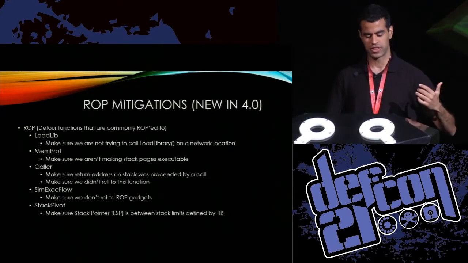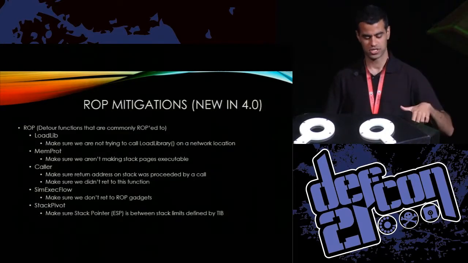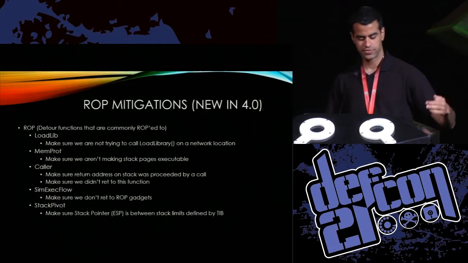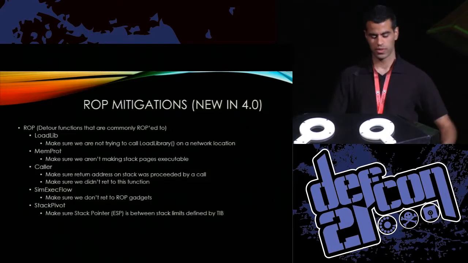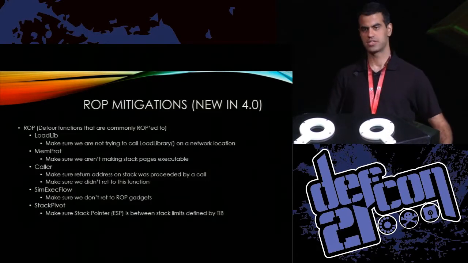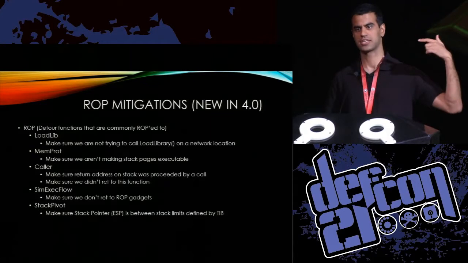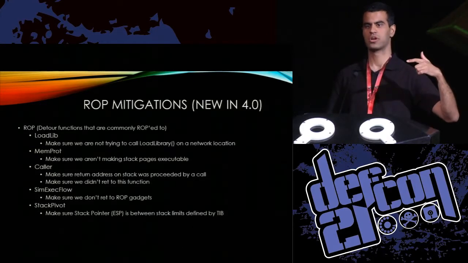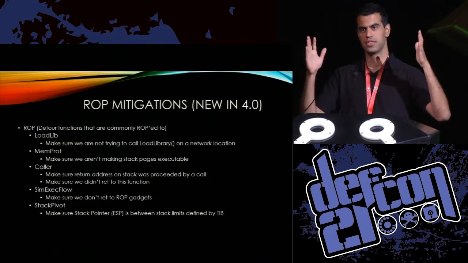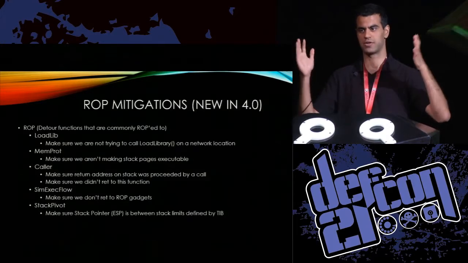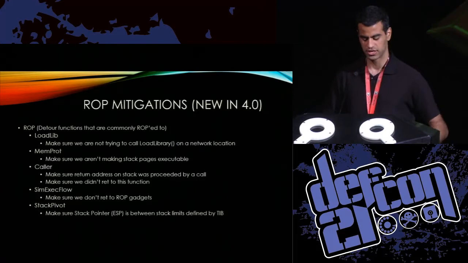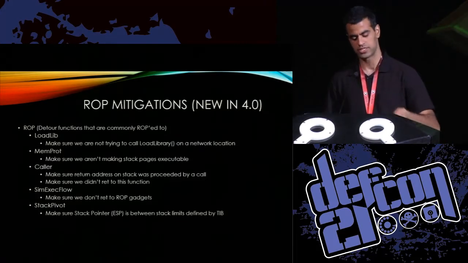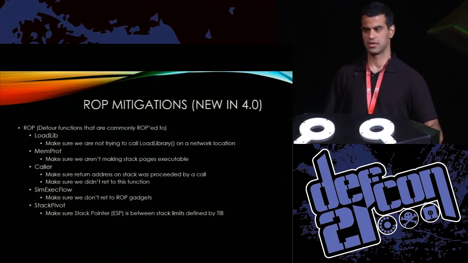The SimExecFlow, where we make sure we don't ret to ROP gadgets after this function returns. And the stack pivot, where we check the ESP x86 register to make sure that it's between the stack limit and the stack base that's identified by the TEB for our process. And my coworker Ilias did a deep presentation about the ROP mitigation in his Recon presentation from this year.